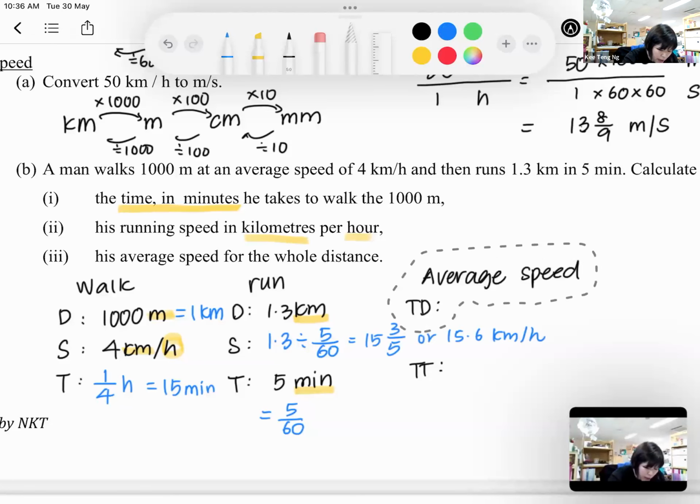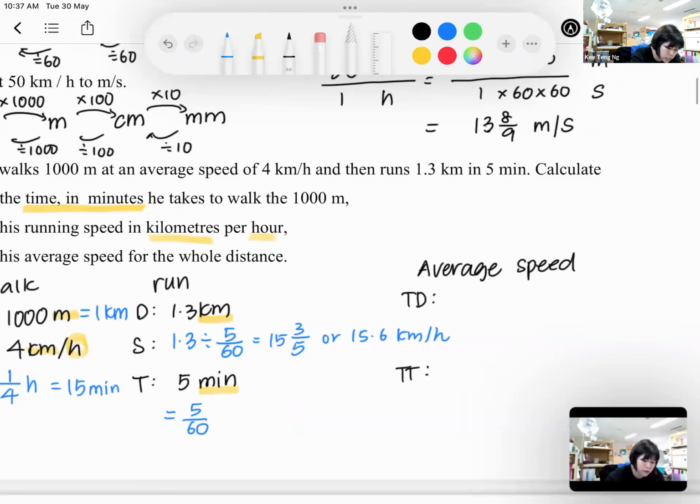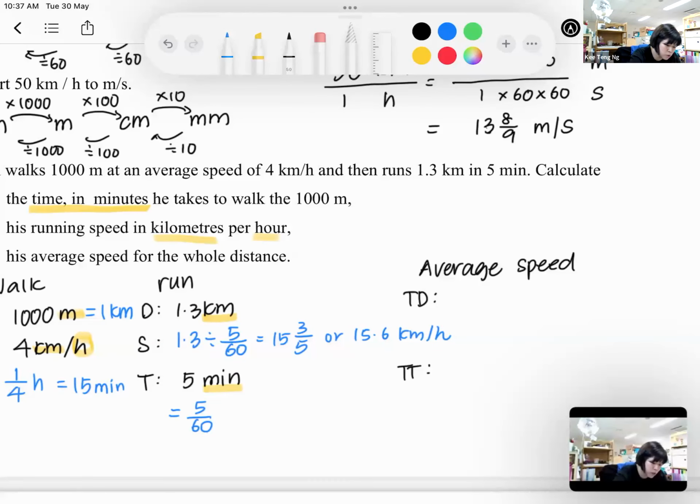To find the average speed is given by total distance over total time. Okay, average speed is given by total distance over total time. So the total distance is 1 plus 1.3, so 2.3 kilometers. Now in this question, the question did not include any time for break or rest.